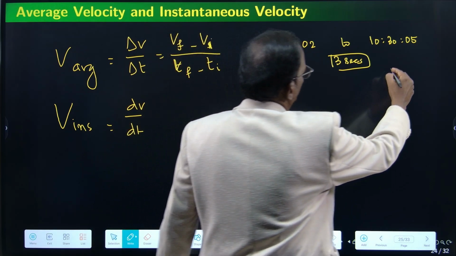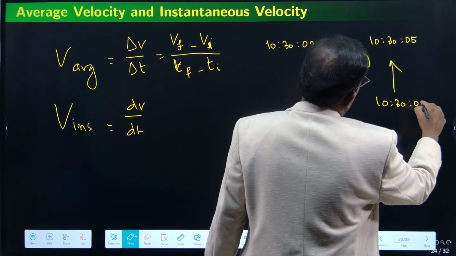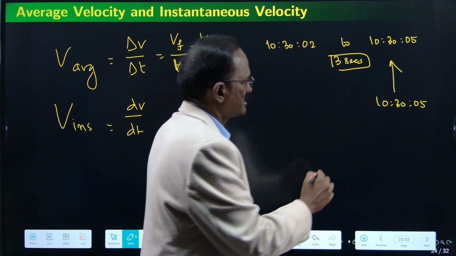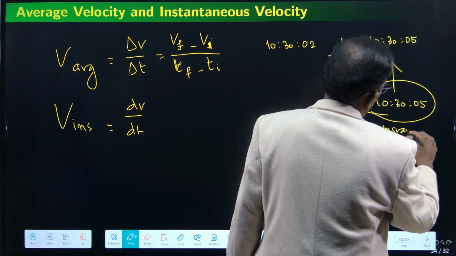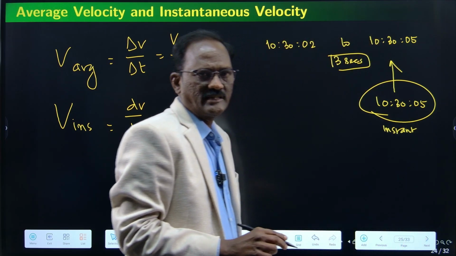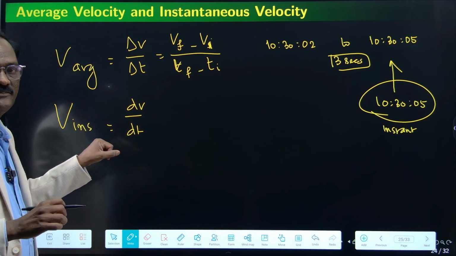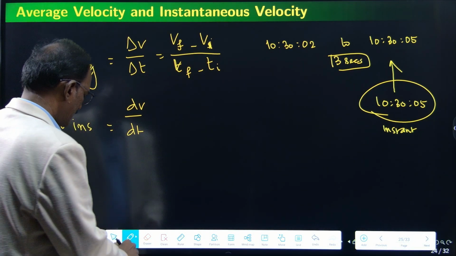But here, exactly at 10:30:05, what is the speed or what is the velocity? So this is instant, exactly at a particular instant. To know the velocity or speed at a particular instant, we have to differentiate. So v instant is equal, no, I am sorry, it is a distance.